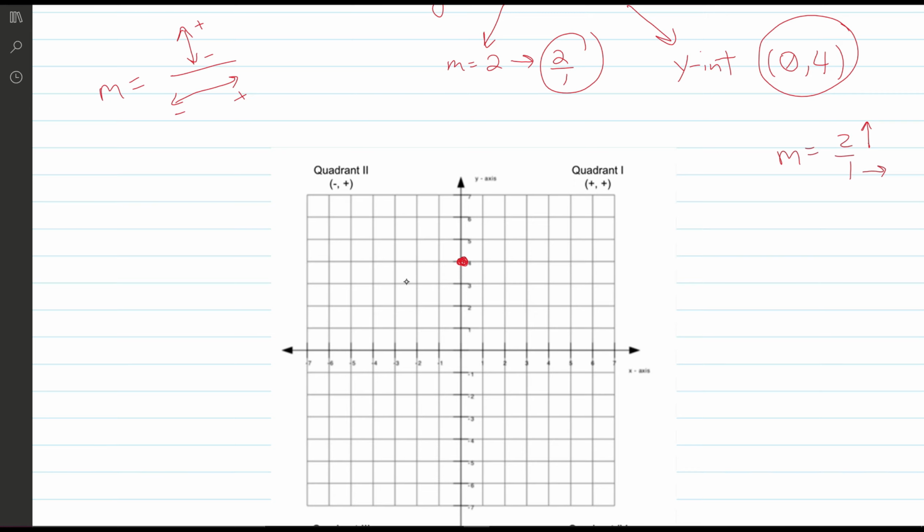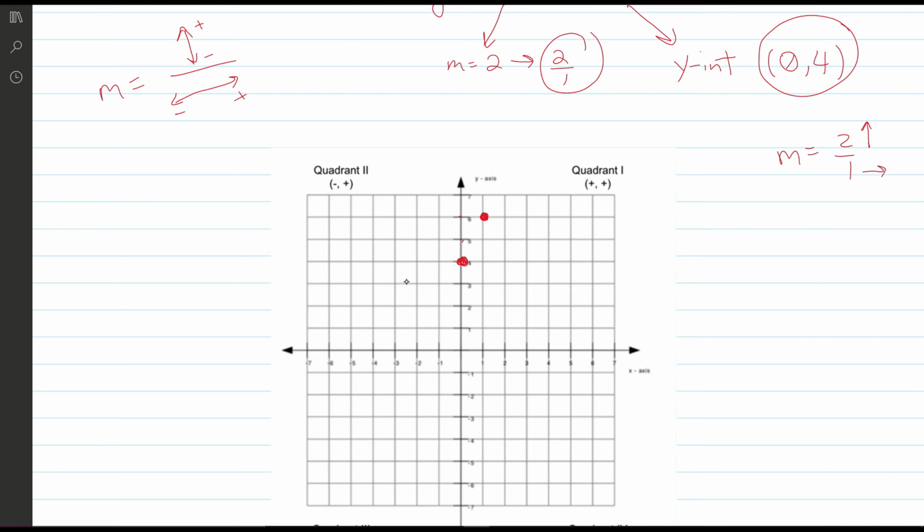So therefore mine are both positive, so I'm going up 2 and to the right one. And I'm not starting over, I'm starting exactly from that y-intercept point. So I count up 1, 2 units, and then over 1 unit and make my second dot. So I went up 2 units and over 1 according to my slope and made that second dot.